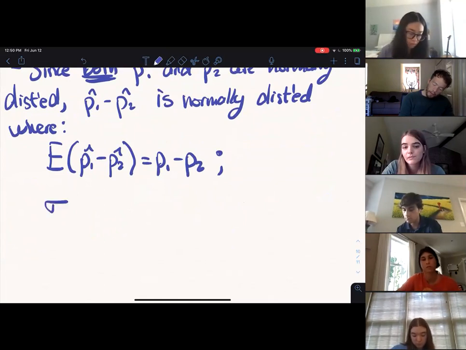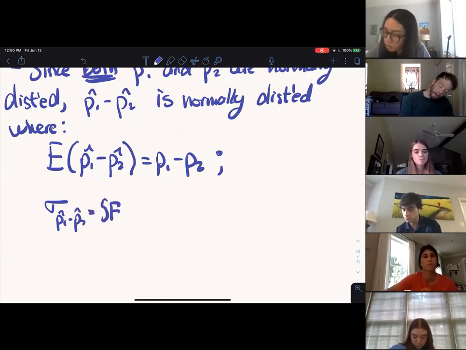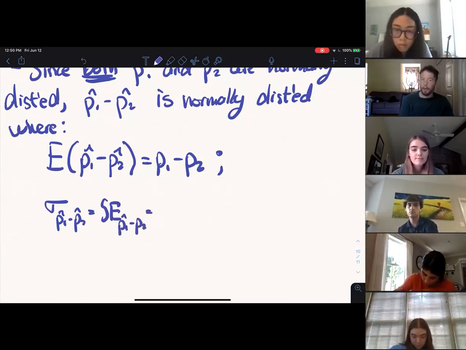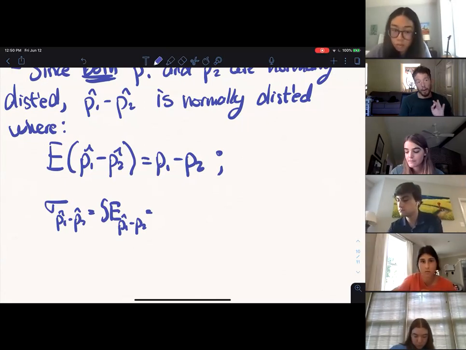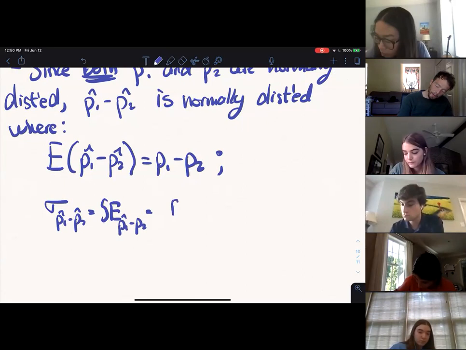And the standard deviation of p1 hat minus p2 hat, otherwise known as the standard error of their difference. So this is another nasty formula, but if you think about it, it's very similar to the standard error of the difference of the means for non-paired data. It's that sort of sum of their individual standard errors.